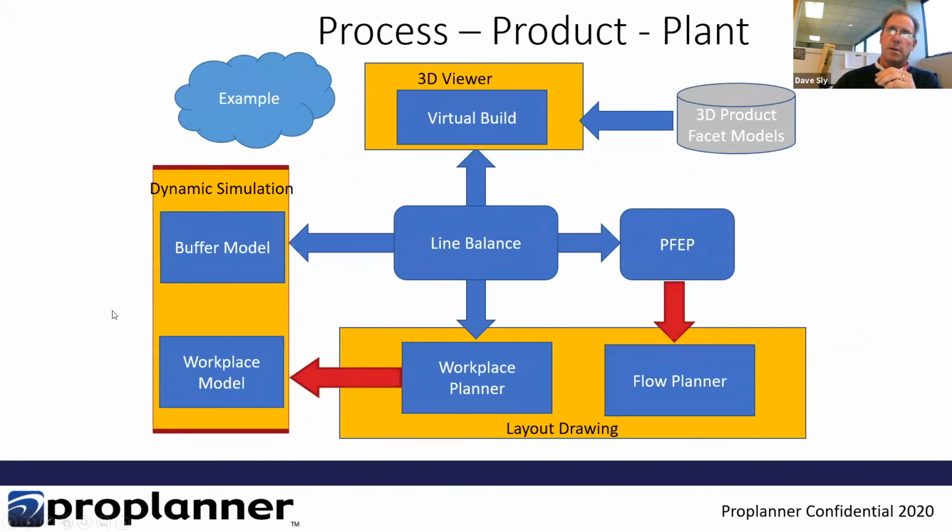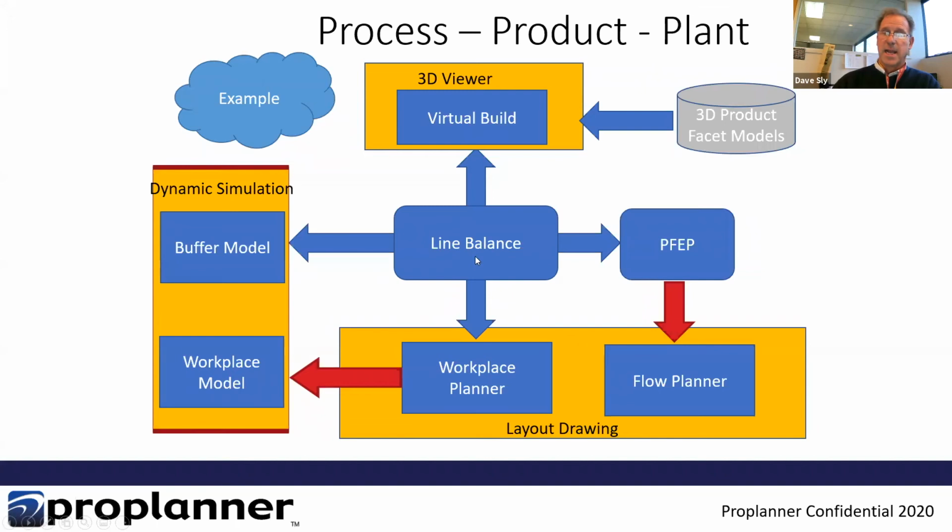I wanted to mention just a few more data relationships that are important to think of. And here's more of a data flow diagram look at it. We have processes, we have products, and we have plants. So obviously line balancing really fits in the center of this because I have these product models in my virtual build.